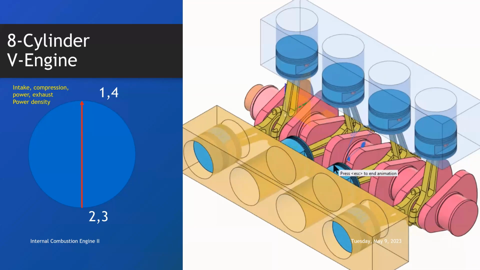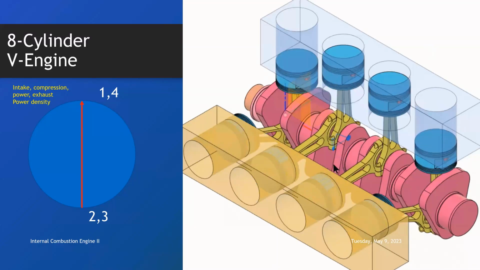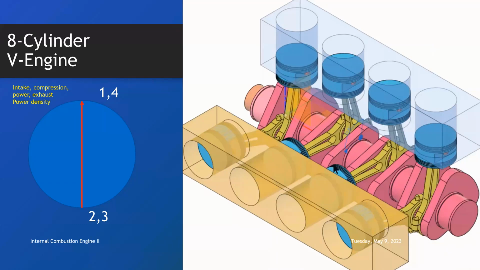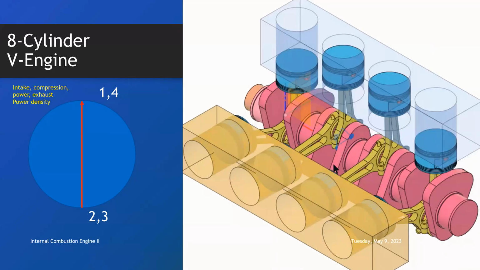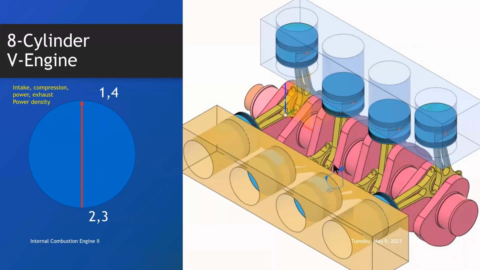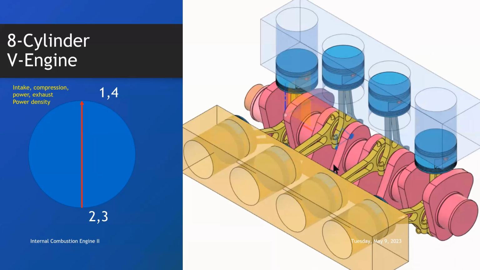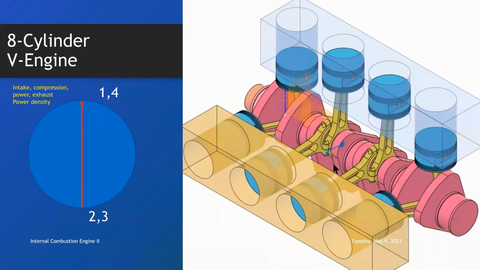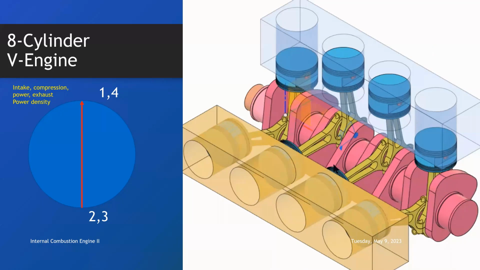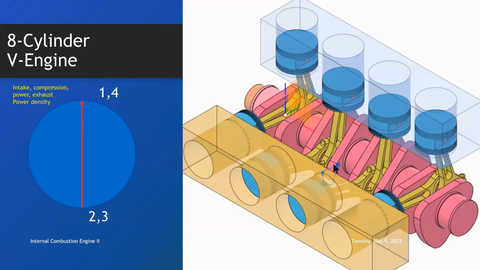So in the circle I have on the left, 1 and 4 seem to be at one point, but it could be that 1 is at 0 and 4 is at 360. Similarly, 2 and 3 look as if they are at the same firing point. They are not. It means that 2 might be at 180 and 3 at 540 or vice versa.